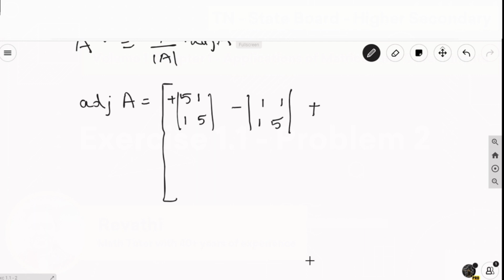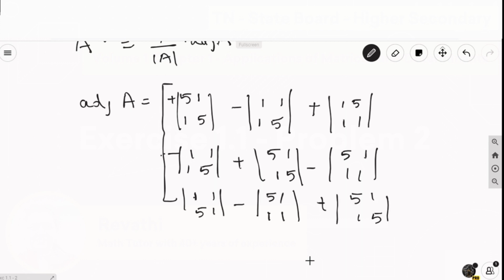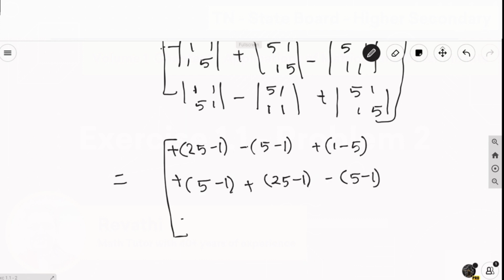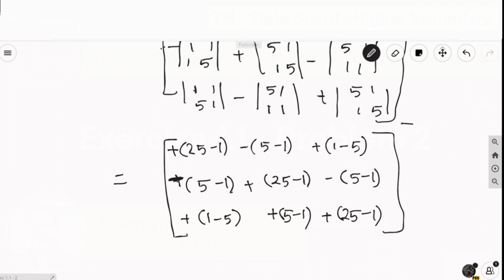Cofactor of the first row, third element. Similarly, the others. This is the cofactor matrix, and we need the transpose of this. Second row, sorry, it should be minus. Now find the values and the transpose of this matrix.